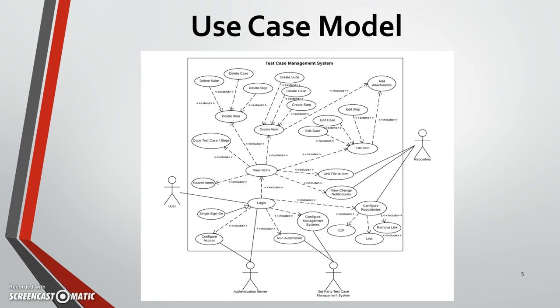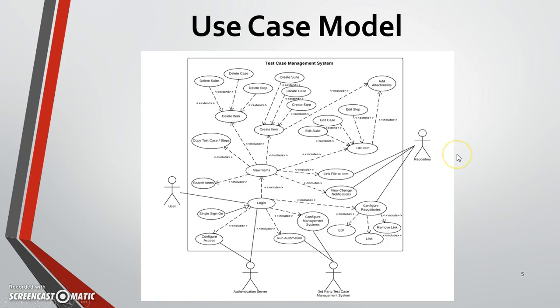This is a model, the use case model. Don't be scared. It's actually pretty simple. Right here you can see the login from the authentication server, your user, the third-party test case management system, which will involve the Phoenix software, TFS and MTM, in order to run automation and do other outside functionalities.